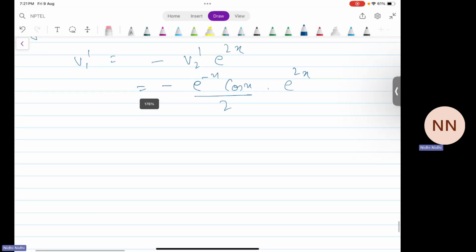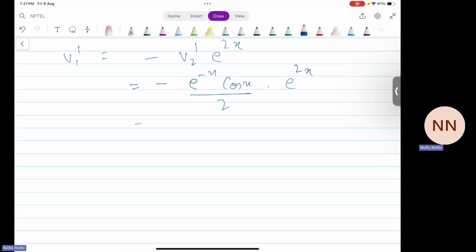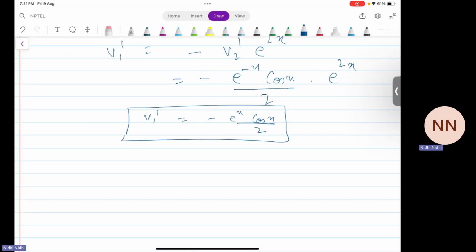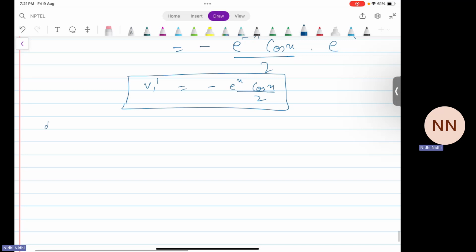Now this is minus e to the power x cos x by 2. Again we'll use the same method to find the function v1. Let I is equal to minus 1 by 2 integration e to the power x cos x dx.